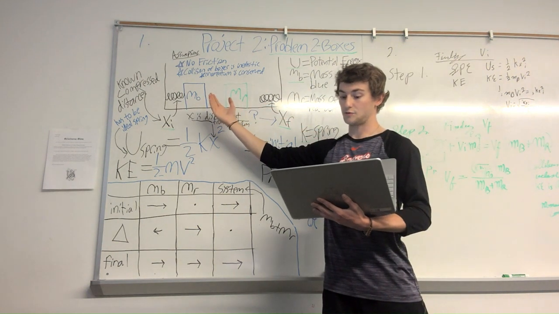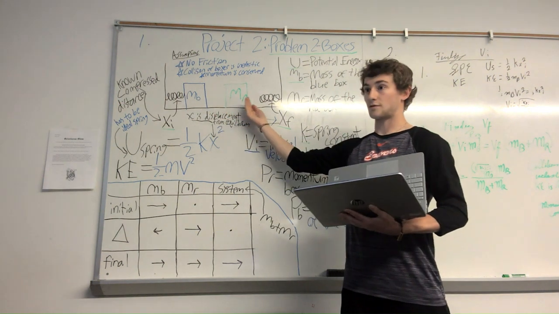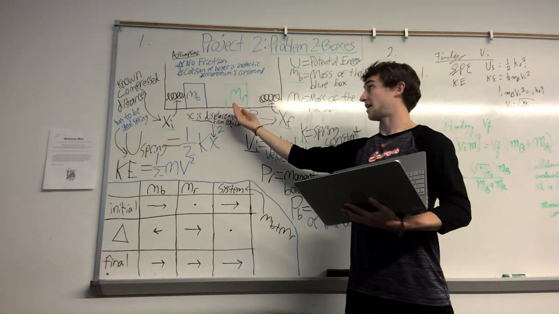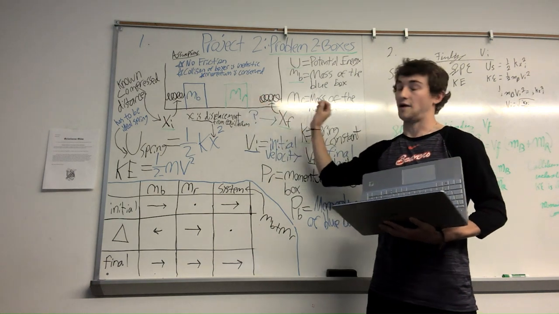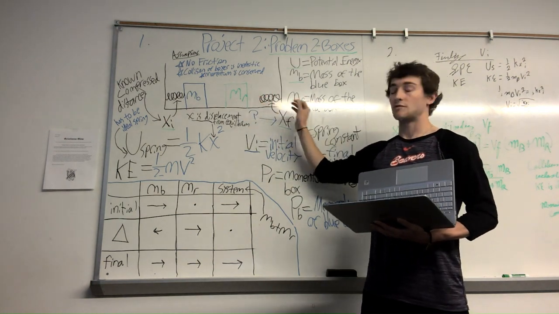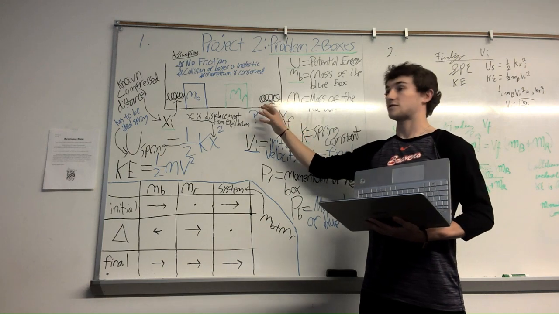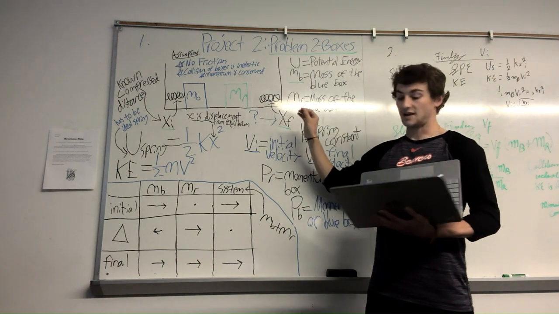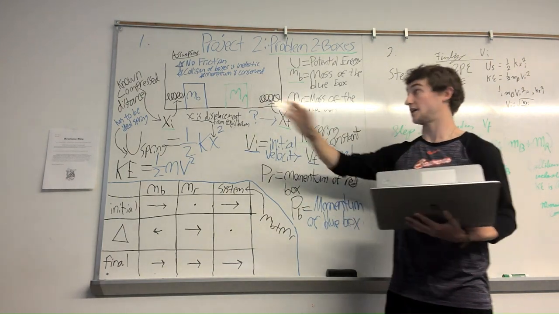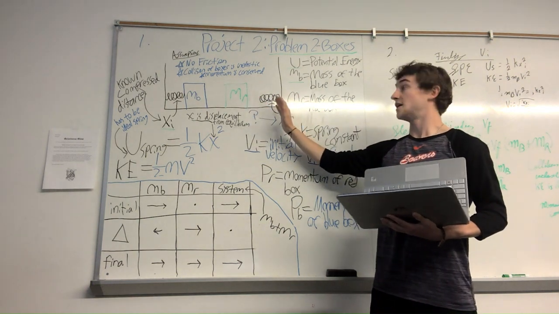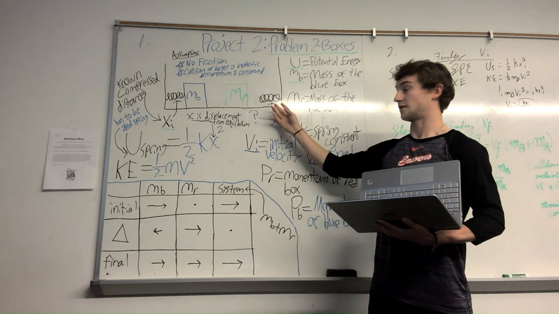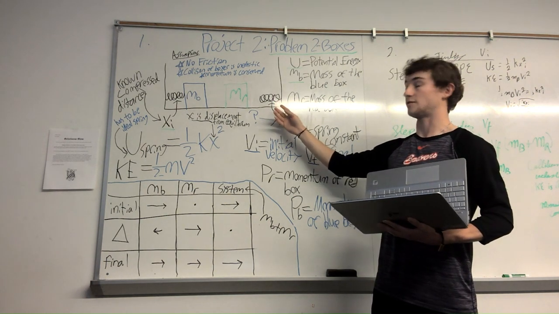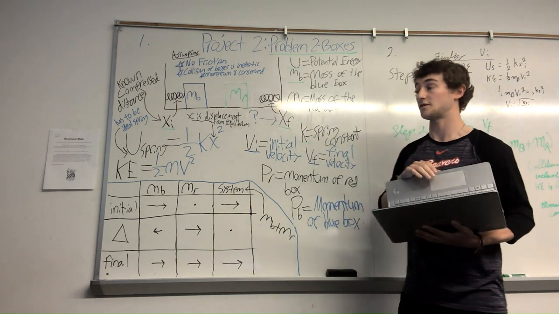Then the blue box slides to the right and makes contact with the red box, and they stick together instead of bouncing off one another. Then they slide together to the right and approach this other, unknown compressed spring, whose compressed distance we're going to be trying to figure out.